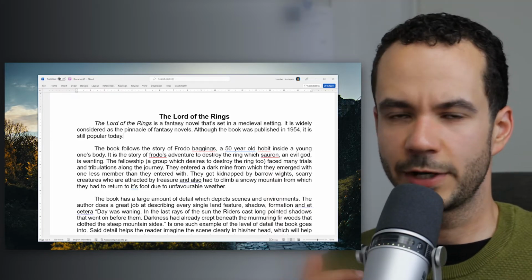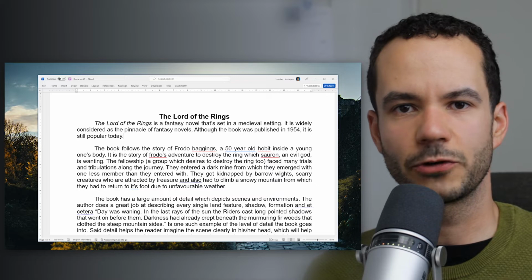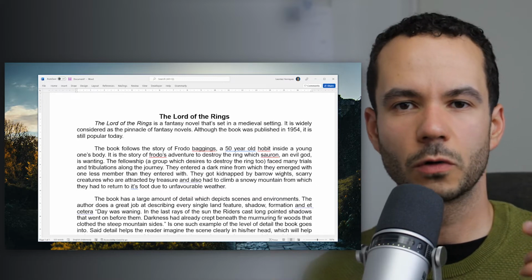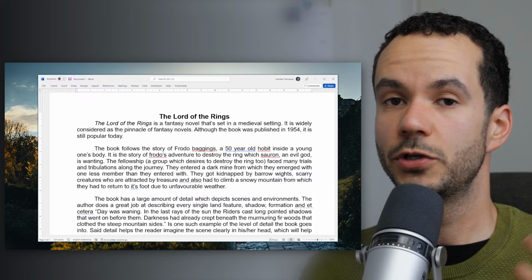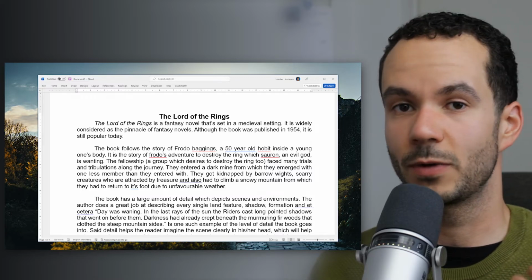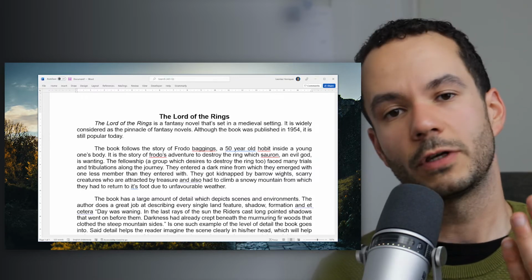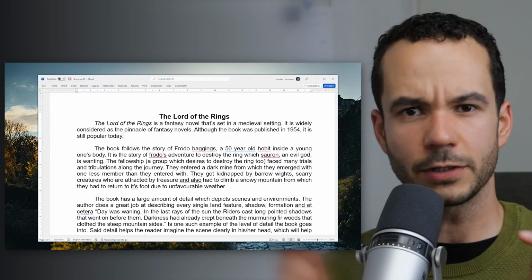Then I'm going to change the structure a bit because I want to create one very long compound complex sentence. And that's very good because if we do that, we show that we can play with the language and that we're more experienced writers. So if you want to improve your writing as well, try doing this.